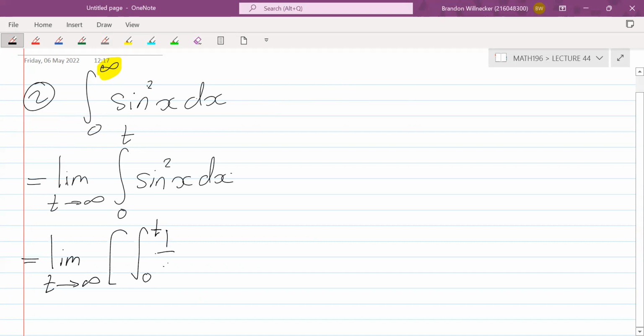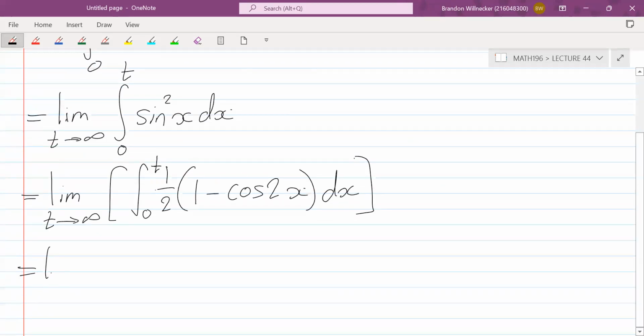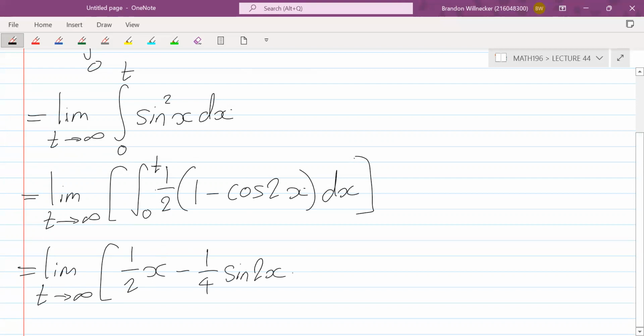So this is 1/2 times 1 minus cos 2x dx. Integrating, the limit as t goes to infinity of 1/2 x minus 1/4 sine 2x, from 0 to t.